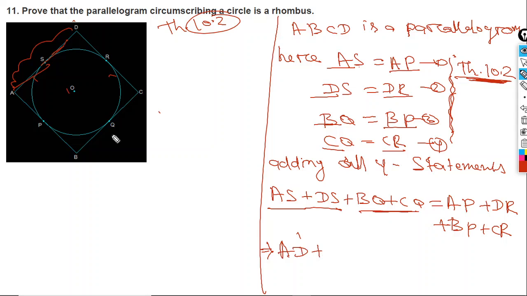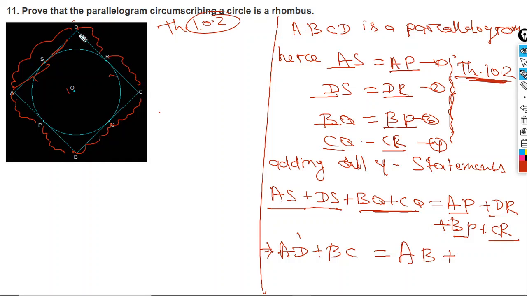BQ plus CQ, look at the figure, BQ plus CQ is BC, equals here AP plus BP, look at it, AP plus BP is your AB, plus DR plus CR, where is DR? DR plus CR is your CD.